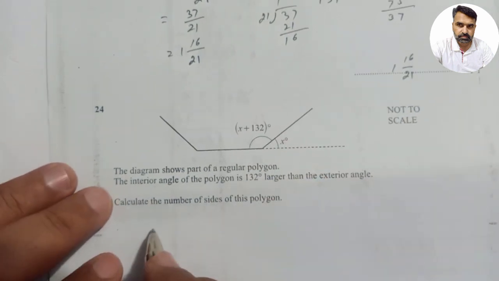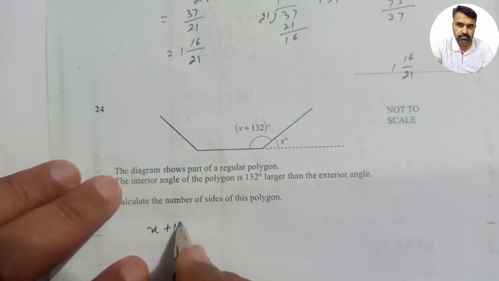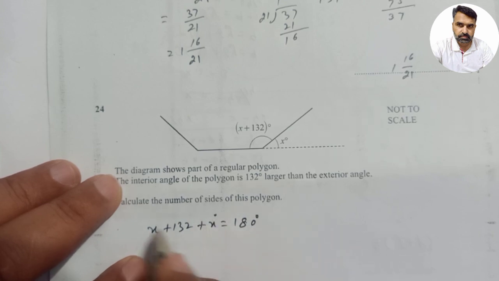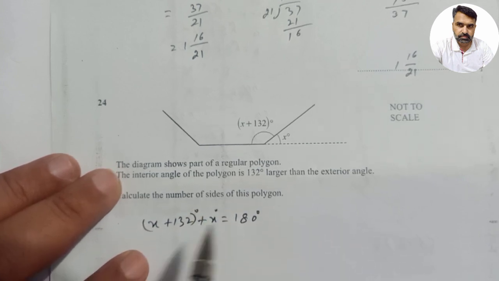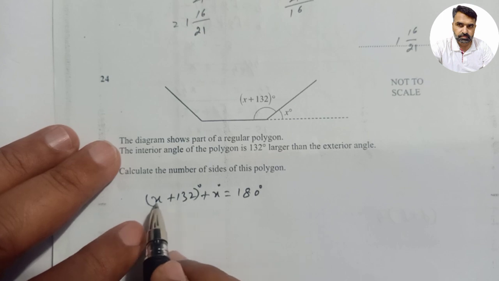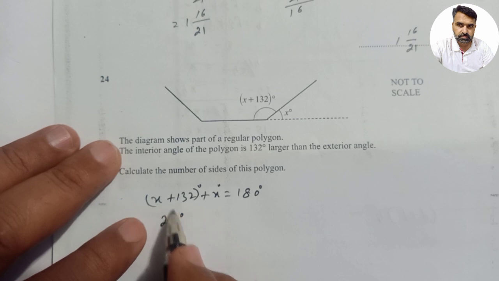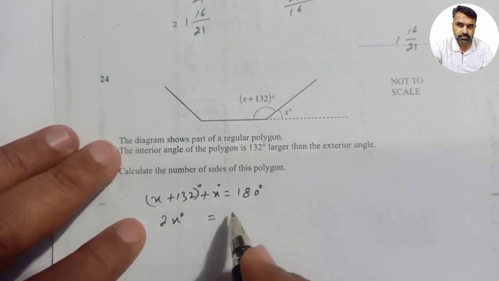So students, x plus 132 plus x is equal to 180. We can write degrees as well if we want. So students, x plus x will become 2x degrees, and 132 is plus on the left side. When we transfer it to the other side, it will become minus.